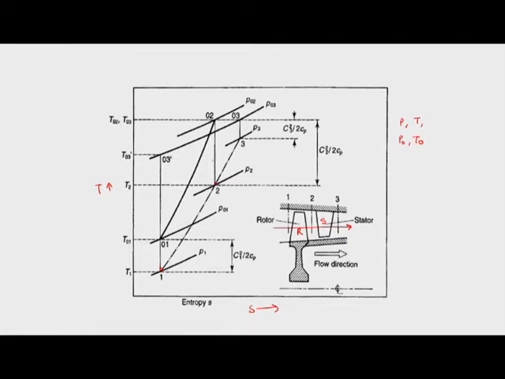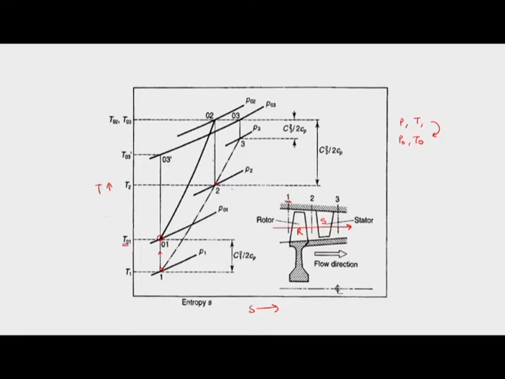So, for that sake we are assuming the flow to be isentropically stopped, so that we will transform the static temperature to total temperature or stagnation temperature, static pressure to stagnation pressure. So, if at the inlet we stagnate the flow isentropically, then we will reach not 1. So, this is our total temperature at the inlet of the compressor, this is 1.